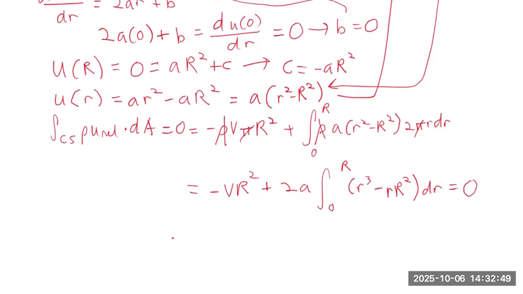So then V R squared is now equal to 2A times (R to the power of 4 over 4 minus R squared over 2).